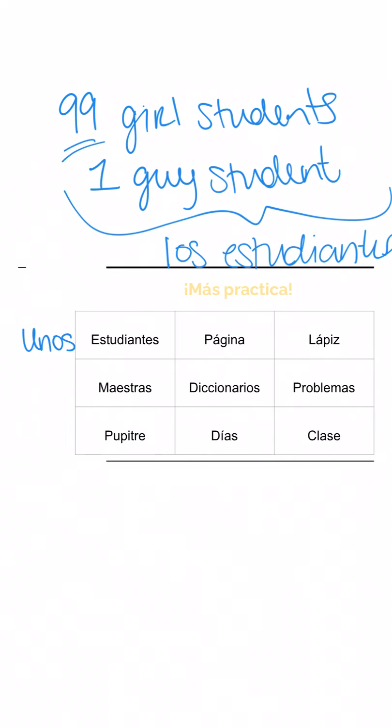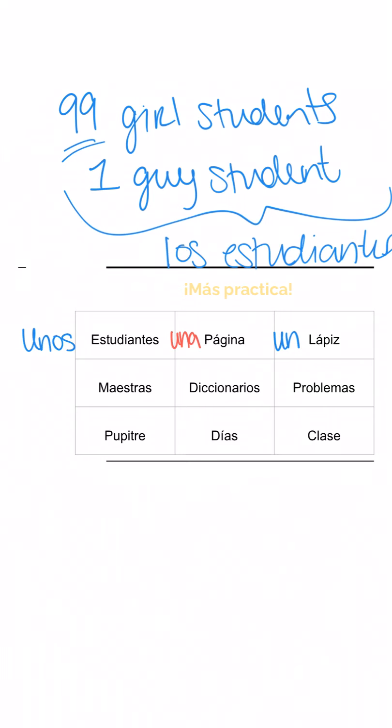All right, my next noun, sustantivo, es página, or page, and that is feminine. So we should see una página. The next one is lápiz, or pencil, and it's just one, it's singular, so we should have un lápiz.